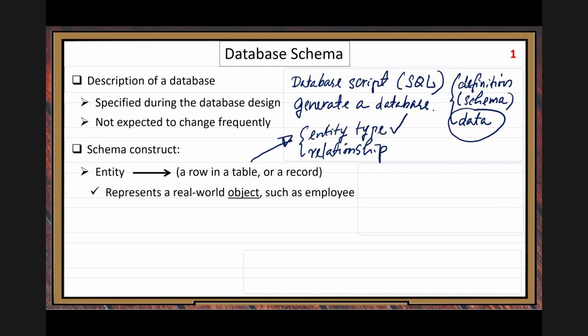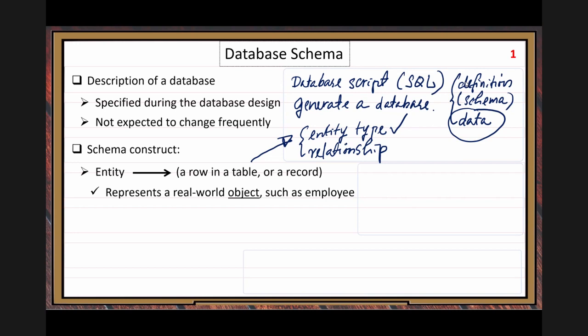Represents a real world object, such as employee. But relationship, we do not call object. Later you will see. Think about a relationship between two employees, supervisor, ordinary employee, that kind of a relationship.